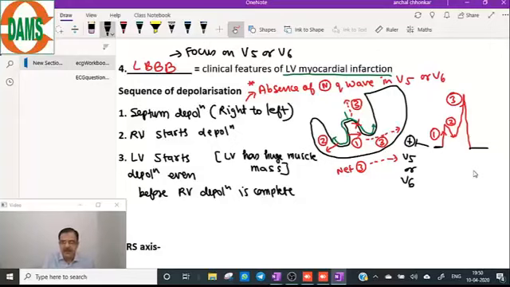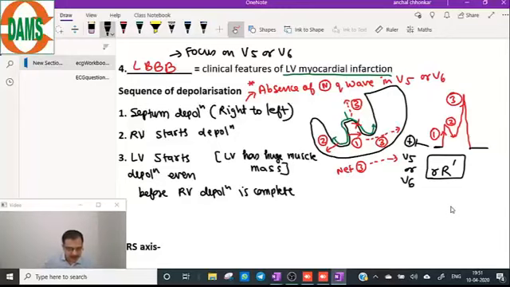Can anyone tell me the morphology description of this QRS complex? It will be small r and capital R dash.